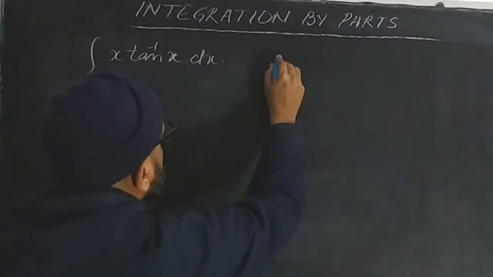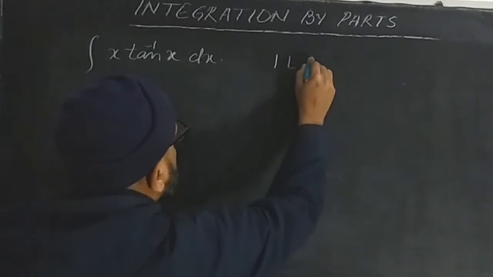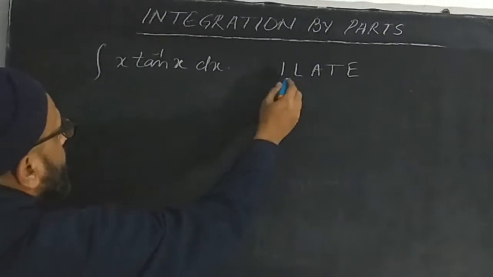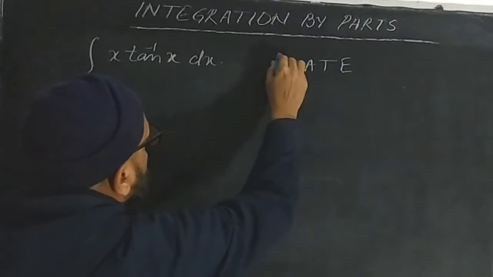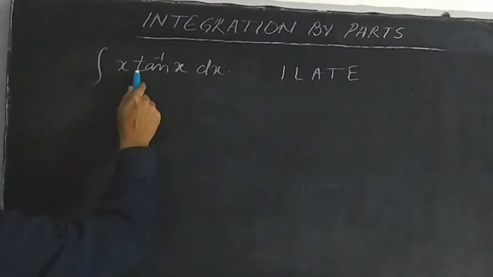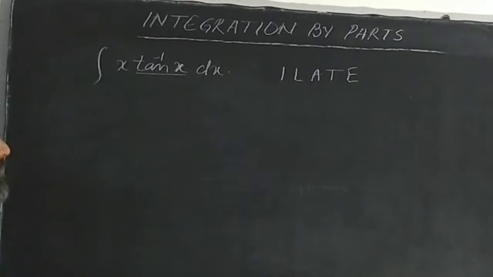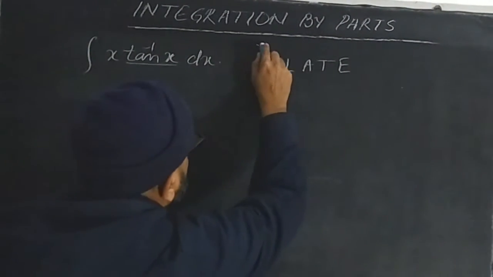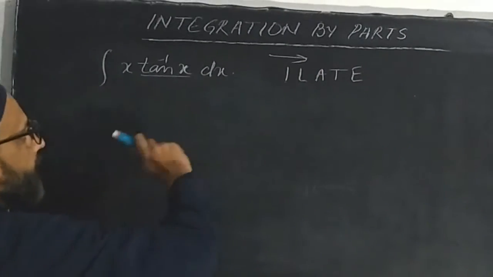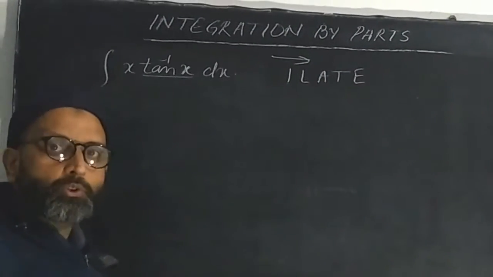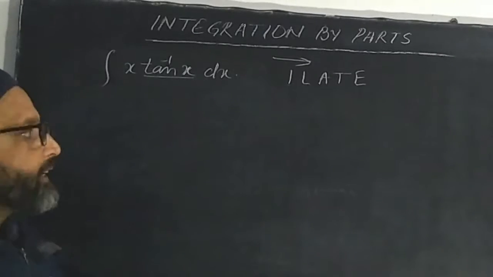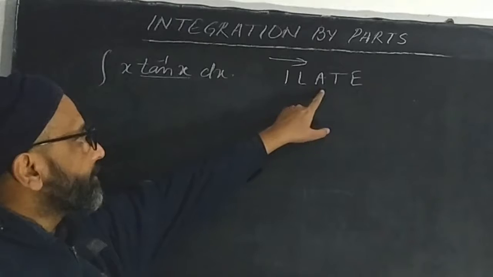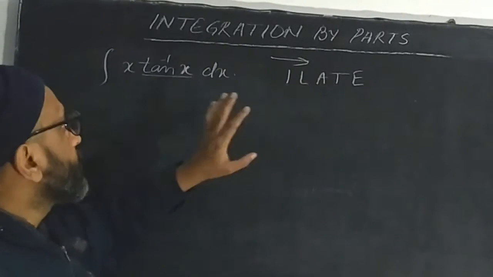Let's check the sequence of the functions. So ILATE, here I stands for inverse trigonometric functions. As you see, tan inverse x is an inverse trigonometric function. So by our sequence, the inverse trigonometric function should always be the first function, and an algebraic function should come after it.